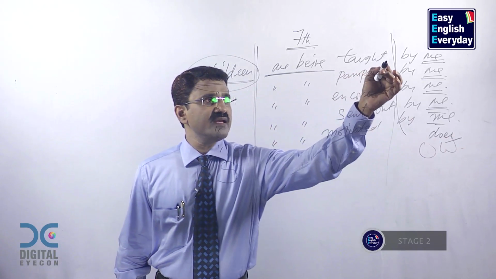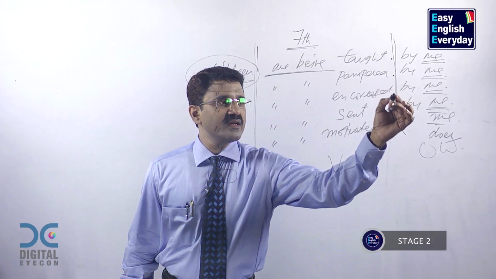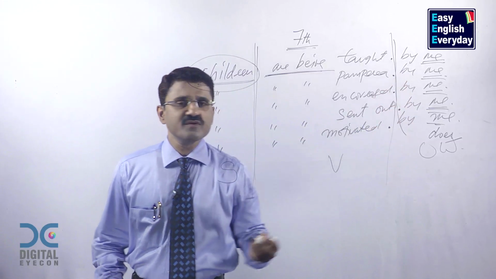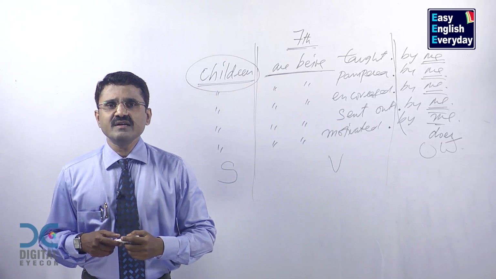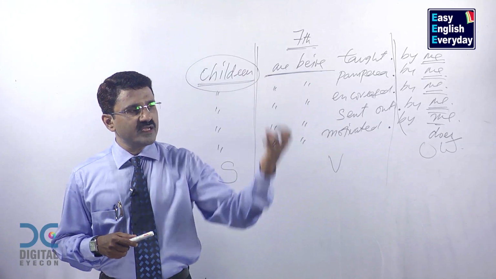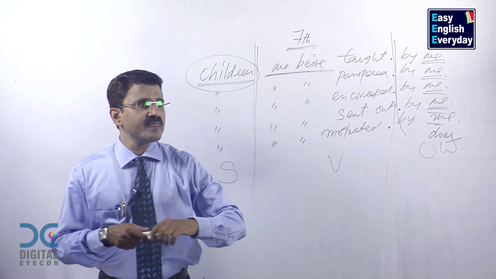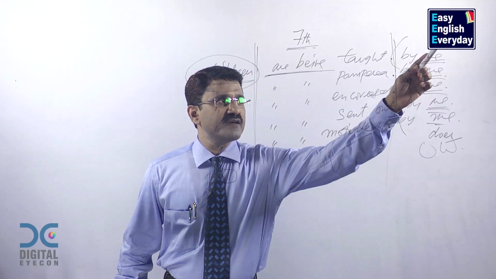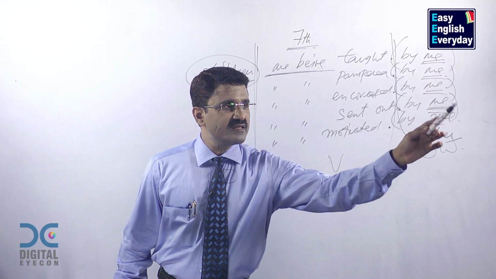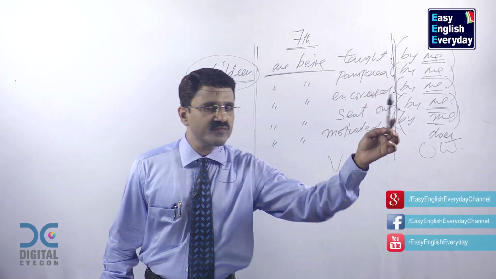In fact, he is avoidable. If I'm not interested in using by me, I can keep the full stop there itself. It doesn't make any difference. He is so unimportant that whether you keep him or do not keep him, it does not make any difference as far as grammatical correctness is concerned. The sentences are correct even if you keep the full stop here.